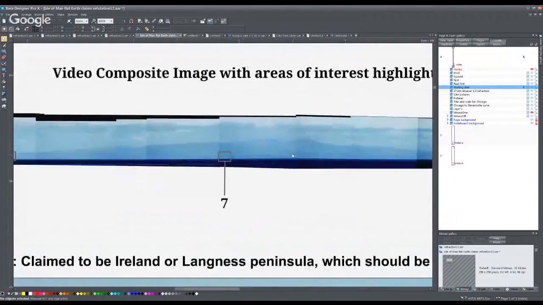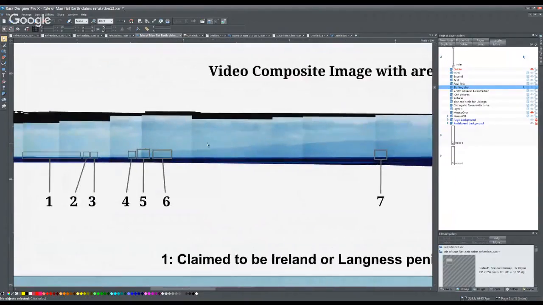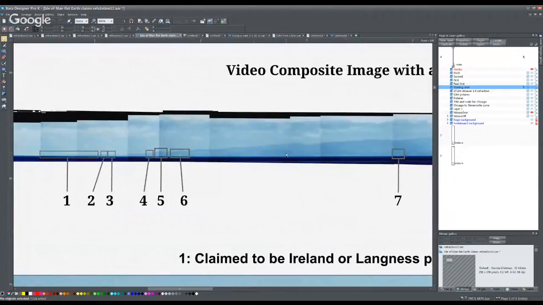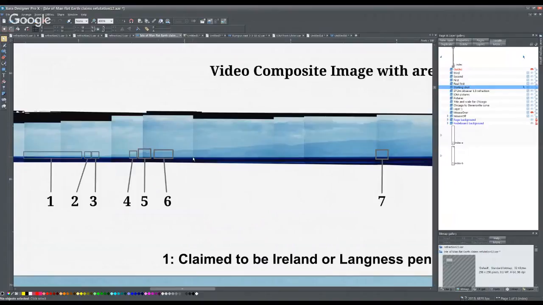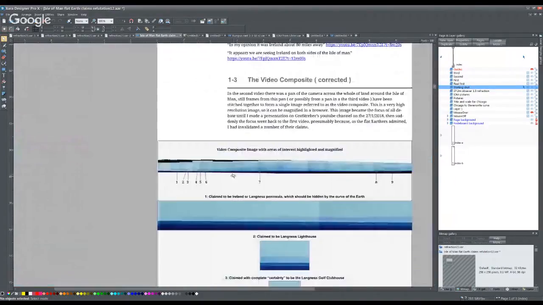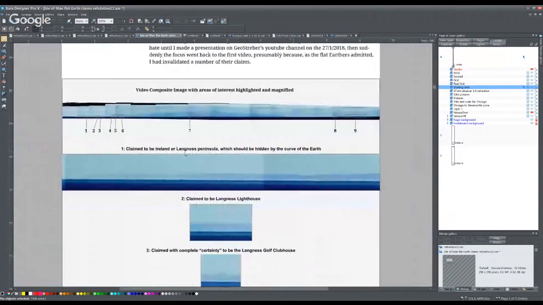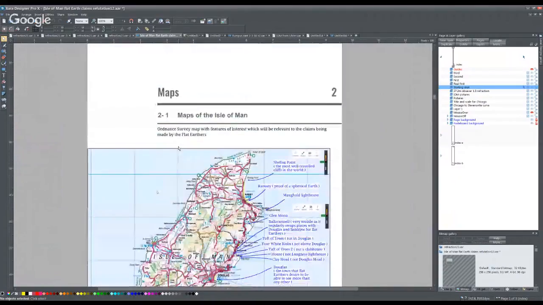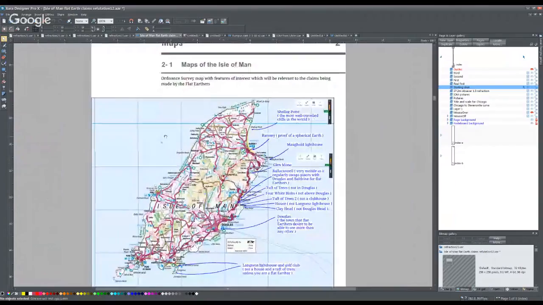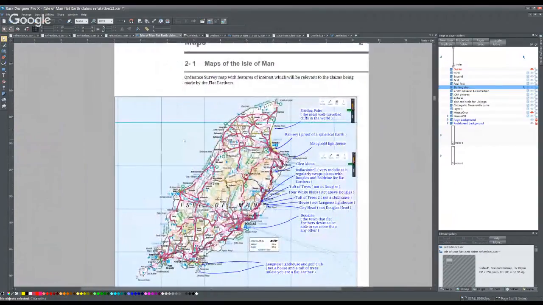This is what he actually took, and he made a number of erroneous identifications, including thinking this was Douglas, the capital, and there's a whole series of claims here. And this is the Isle of Man, showing some of the interesting points.